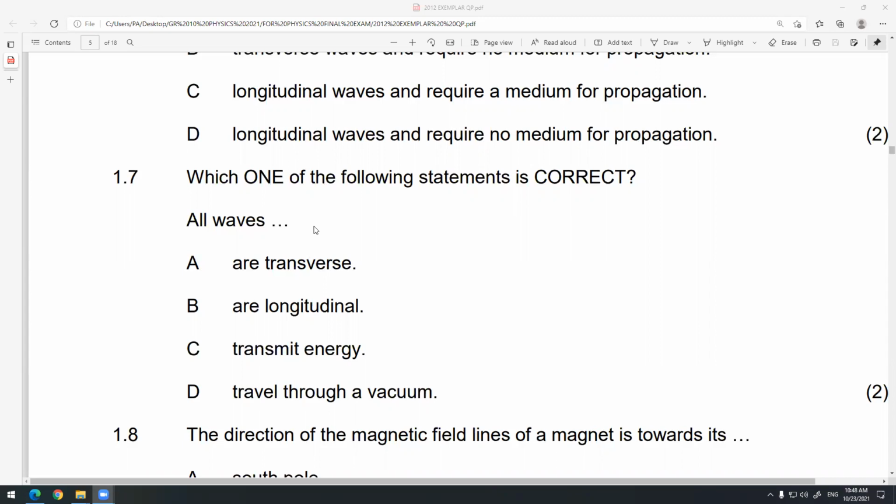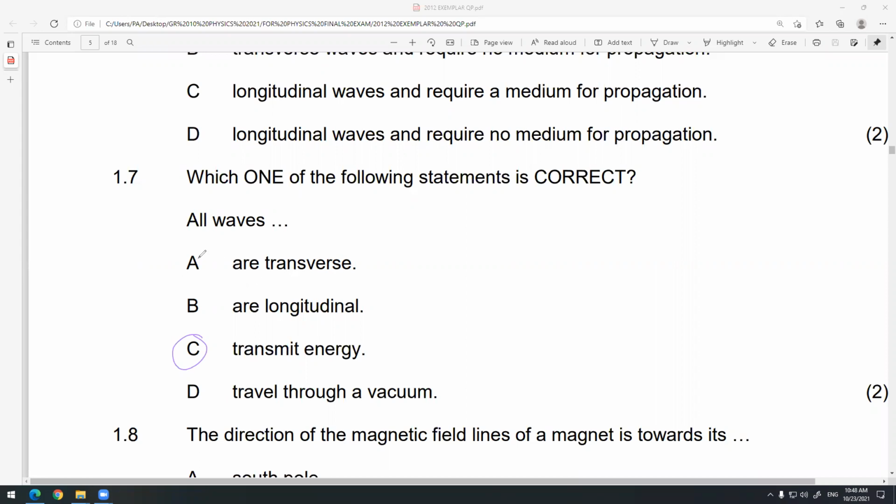Our answer is transmit energy. Why? Let's explain. People, all waves are transverse, that one is wrong, because we know water and light waves are transverse. But when you come to a sound wave, it is longitudinal.